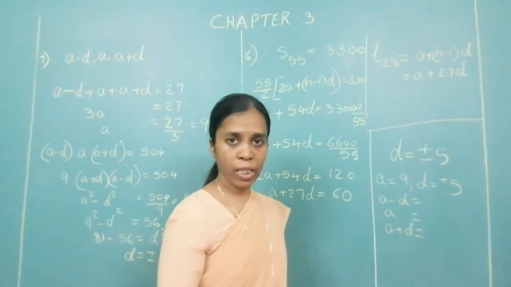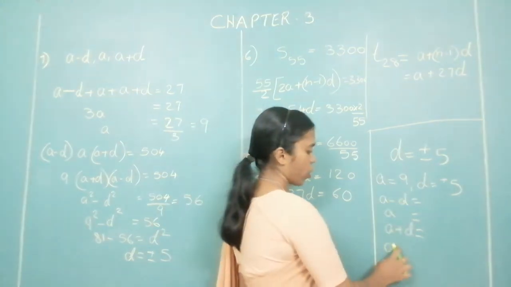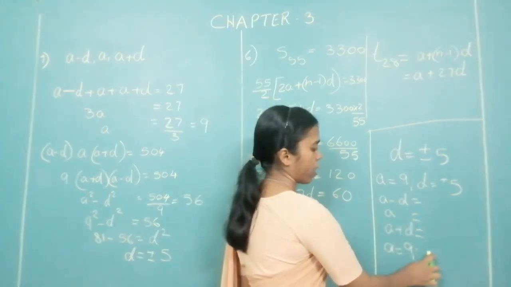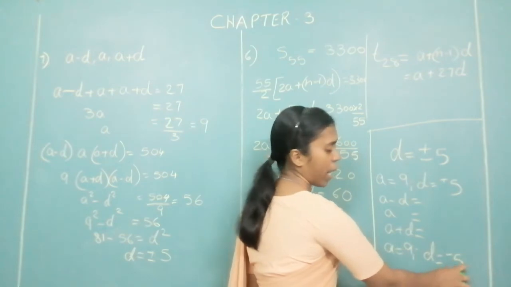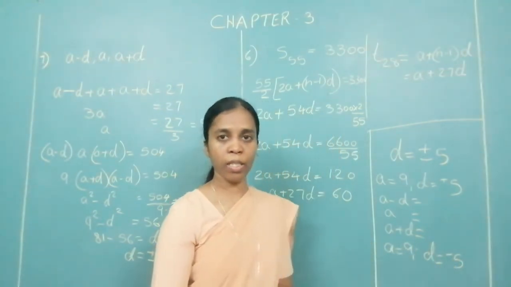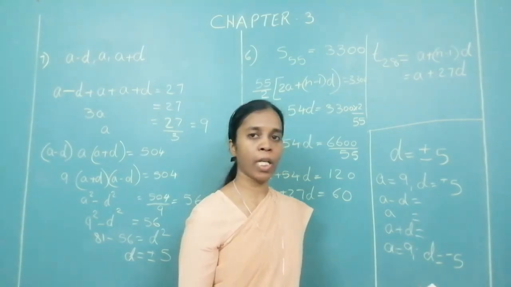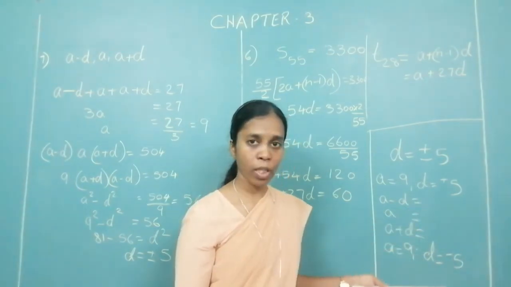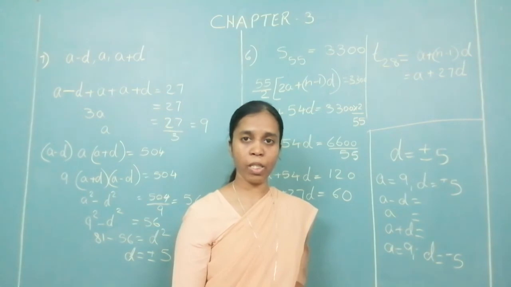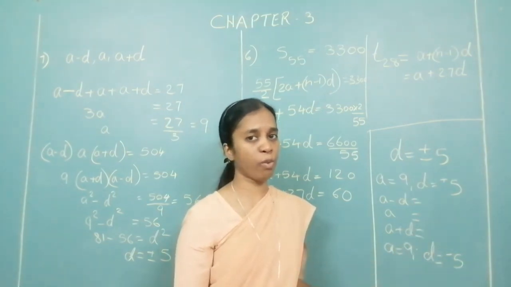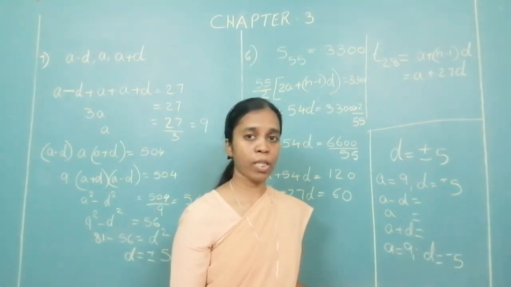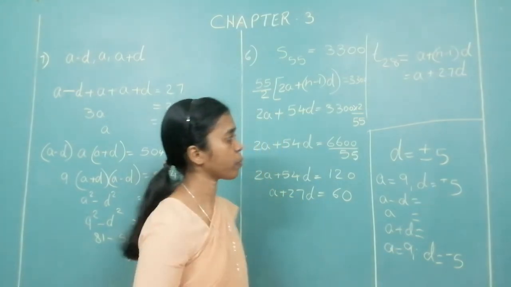Then next step, when A is equal to 9 and D is equal to minus 5, then the terms are, again find A minus D, A, A plus D. This is important to find the terms separately for plus and minus values, because this carries marks.